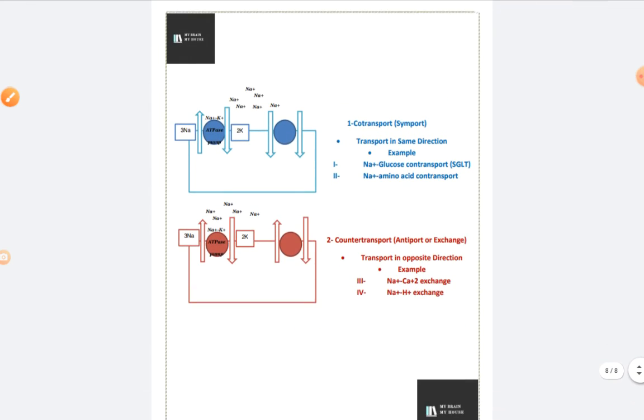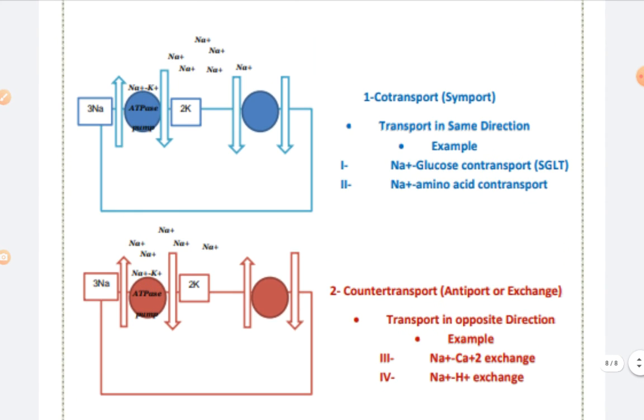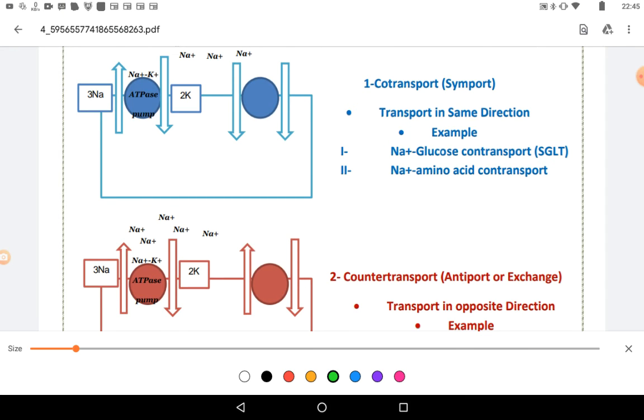If you see, these are the two types. First of all, we have the co-transport, or symport, which transports in the same direction. Which ones? The sodium and the coupled solutes.